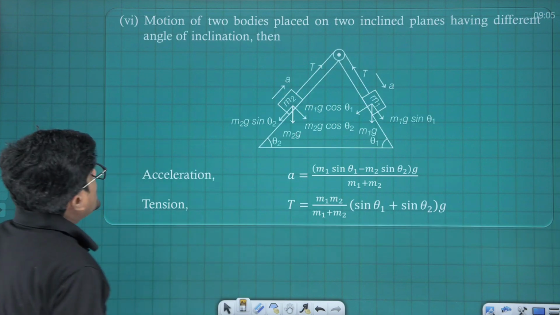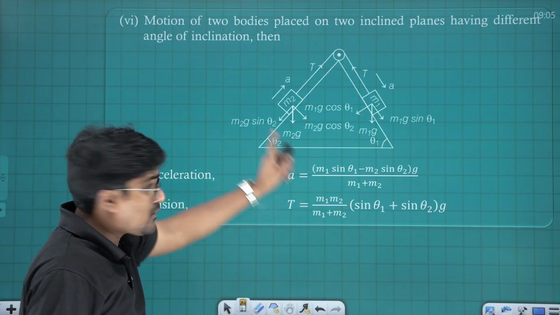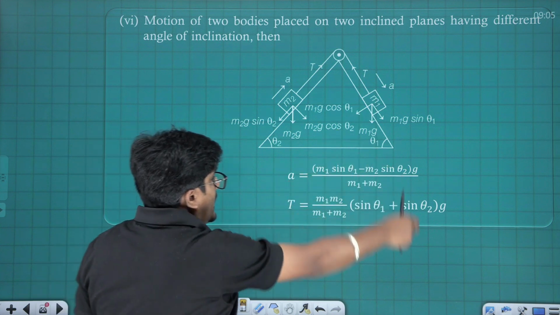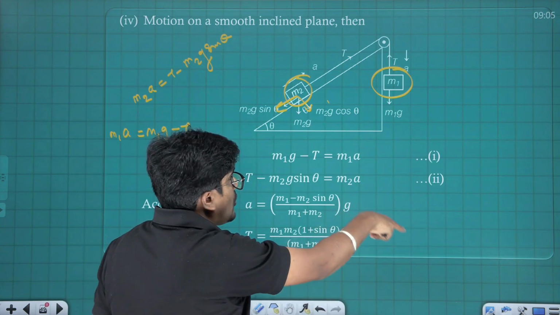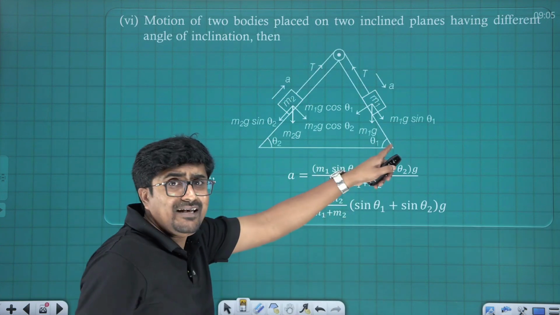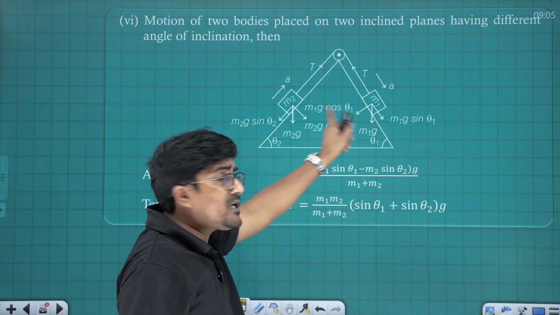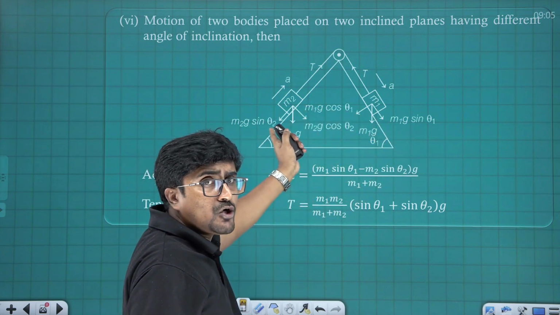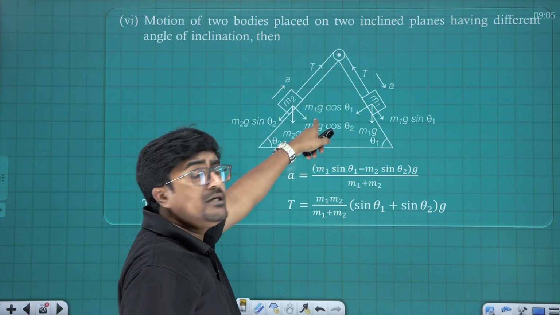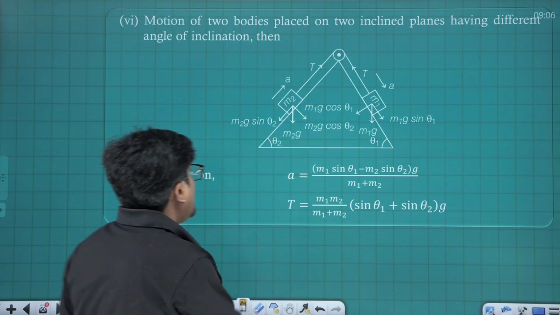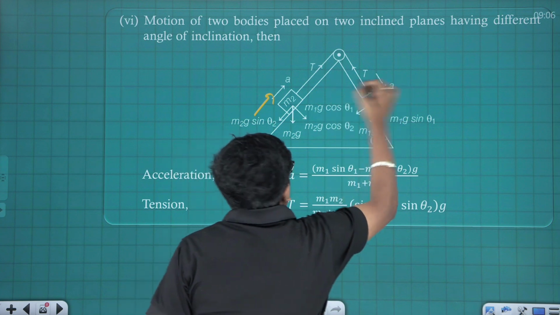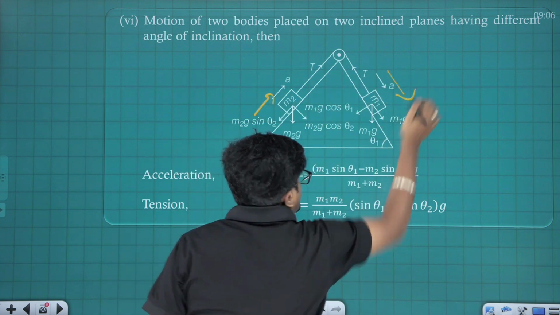And the next one is motion of two bodies. The concept is the same. There, it was M1 g acting in the downward direction; here I need to separately consider M1 g sin theta 1 as well as M1 g cos theta 1, and here M2 g sin theta 2 and M2 g cos theta 2. You need to consider the force along this direction as well as the force along that direction.